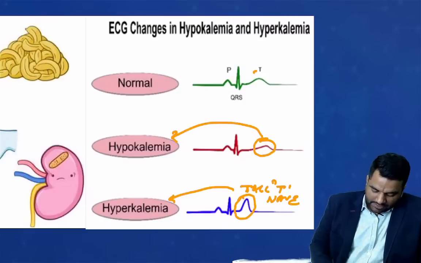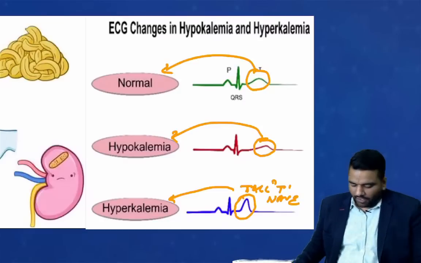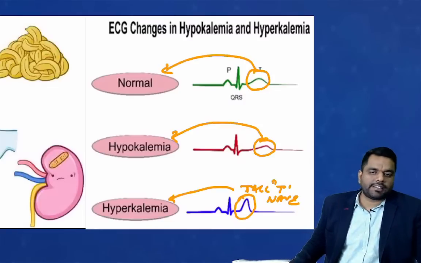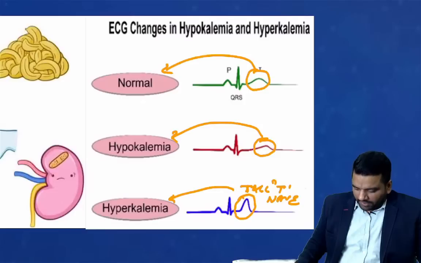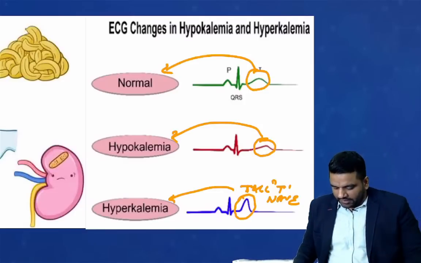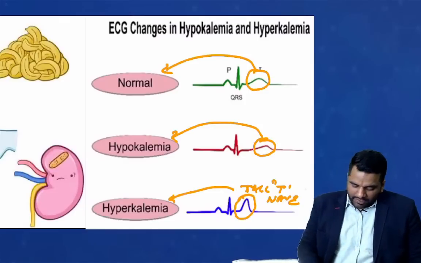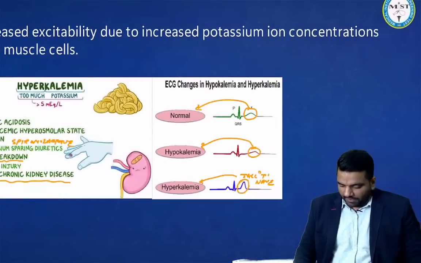So this is your normal T wave in the ECG, but in hyperkalemia you can see the wave is very, very much peaked. So this is the tall T wave, right, beta? This is how you can easily understand hyperkalemia or hypokalemia.